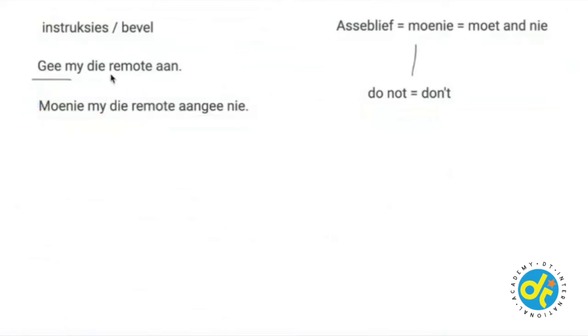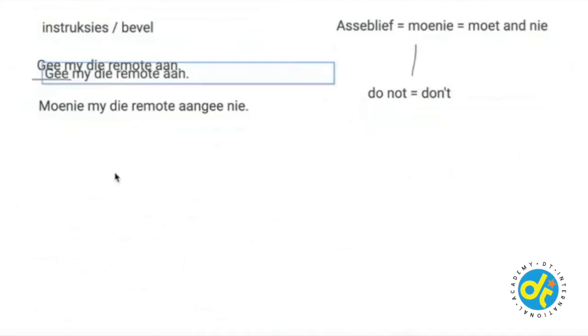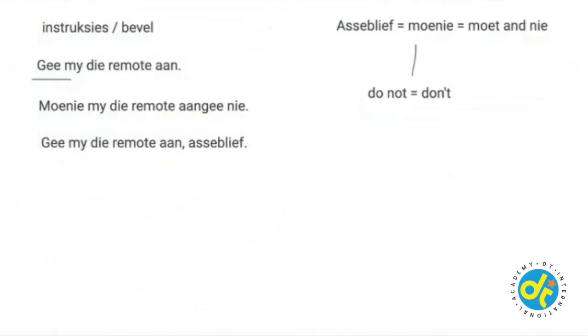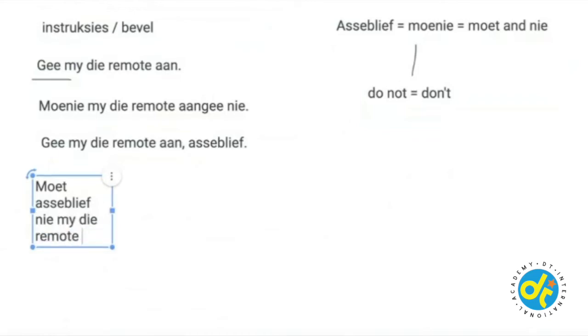Or if they say gee my die remote aan asseblief, if the question was gee my die remote aan asseblief, or asseblief gee my die remote aan, depending, asseblief can either be in front or at the back, then it would be moet asseblief nie my die remote aan gee nie.